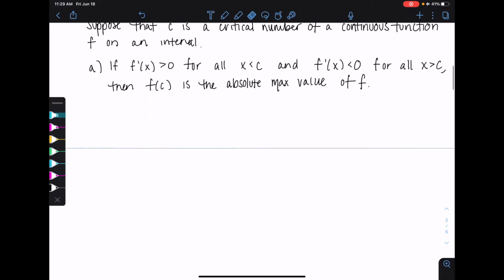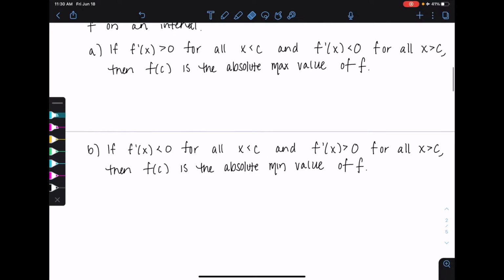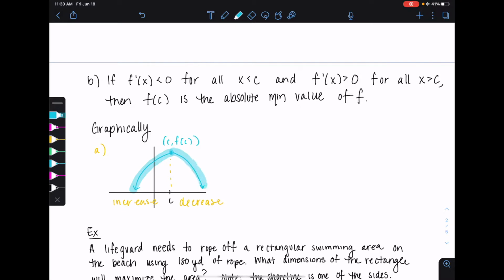If the reverse happens, so if the derivative is negative on the left, it's decreasing up to that point, and the derivative is positive on the right, it's increasing after that, then f of c is going to be your absolute minimum value. And so to see these graphically, in the first case, you're increasing up to this value and decreasing after it.